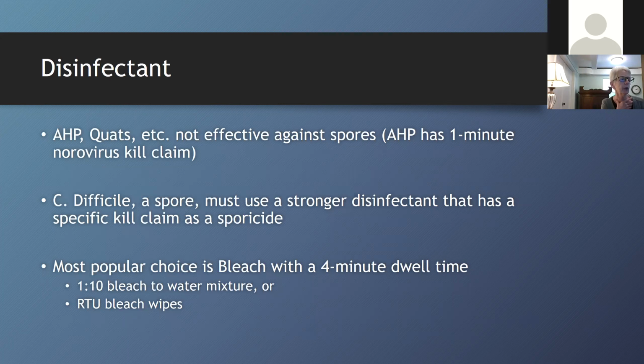They were mixing up their bleach solution, so I just asked them what their mixture was, and they were actually using a 1 to 10, but they were using 10 parts bleach to 1 part water. So they thought in that particular case that if a little does good, a lot will do more. But anytime you get away from mixing, especially disinfectants, you're going to be a lot better off.